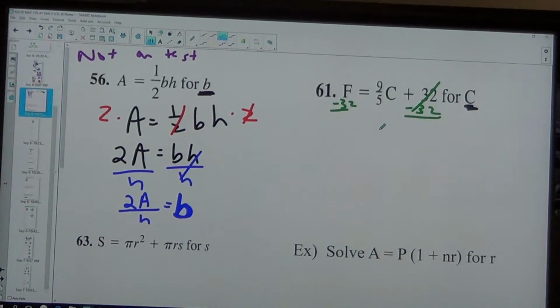We cannot put the F and the 32 together because one's a letter and one's numbers. So that's F minus 32 equals 9/5 C.